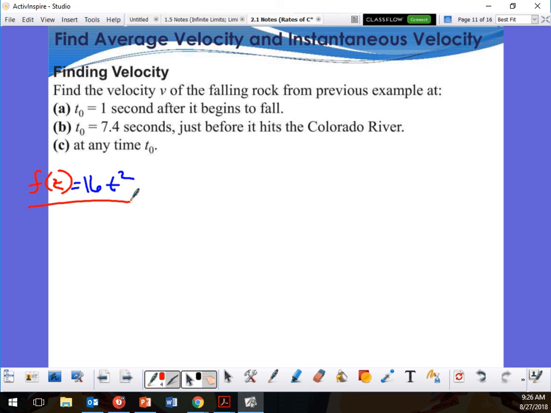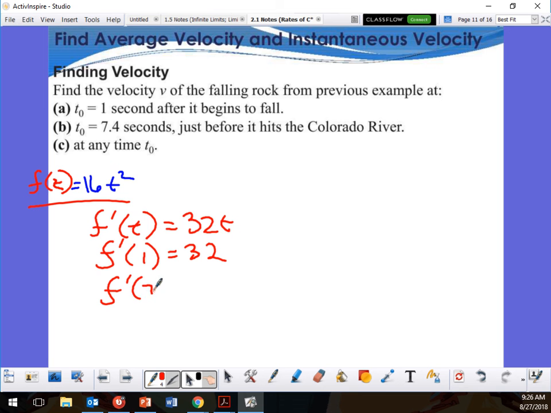All right. So first, f prime of t is 32t. So f prime of 1 is 32. Now f prime of 7.4 is going to give me 236.8.